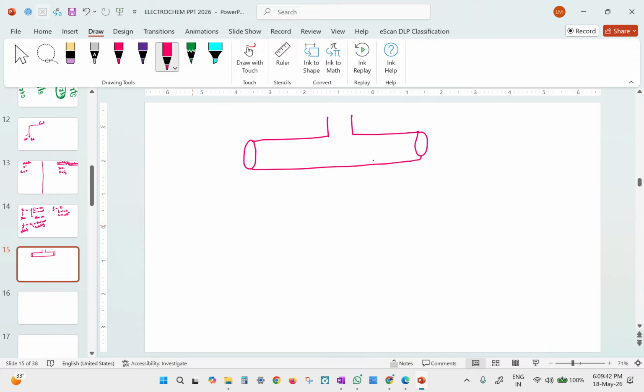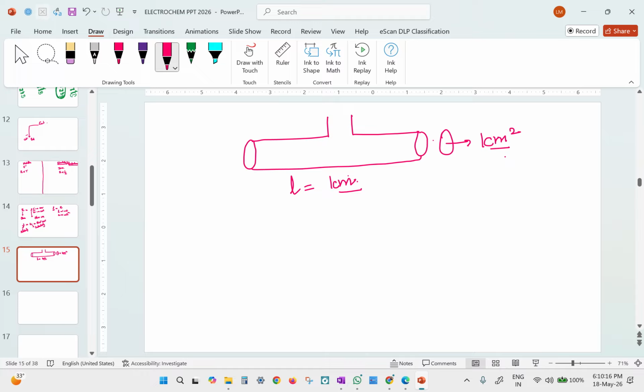I have drawn a disproportionate diagram where the length is 1 unit. Assume that it is 1 meter and the area of cross section is 1 meter square. In reality it is mostly smaller, say, for example, 1 centimeter and 1 centimeter square. Unit length and unit area of cross section.